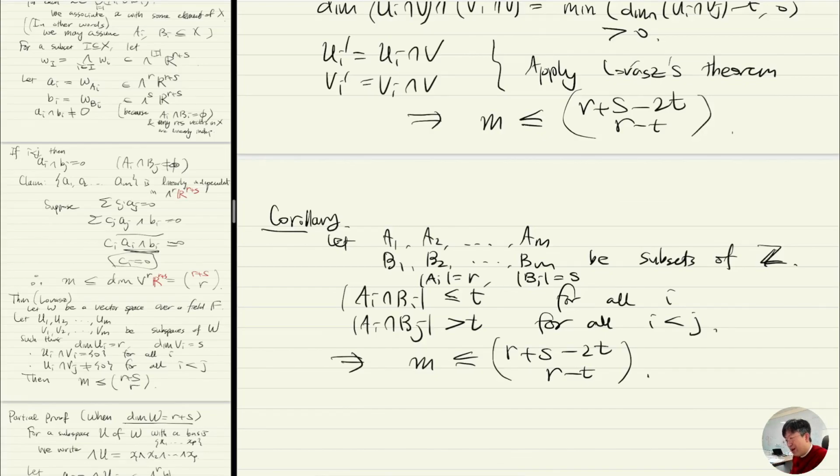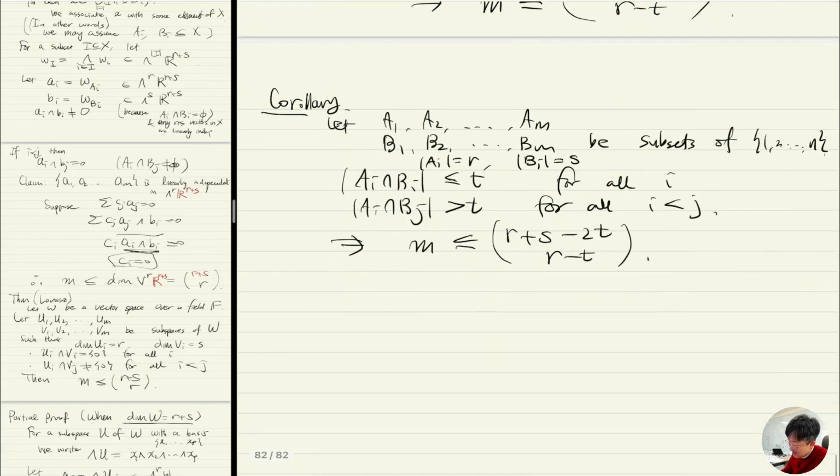Right? Why? I mean, instead of a set, it doesn't matter, right? You can just take n to be big enough. The proof is just to map i to ei, right?